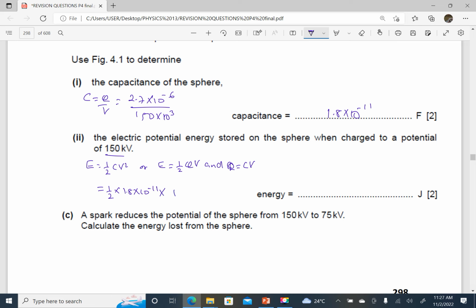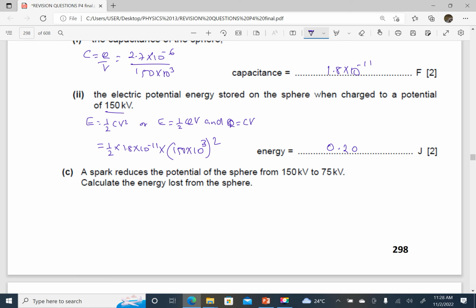Then the PD is 150 times 10 power 3, 150,000 volts. So you press your calculator. And by the way, this is squared. So from my calculator, this is 0.20 joules to two significant figures.